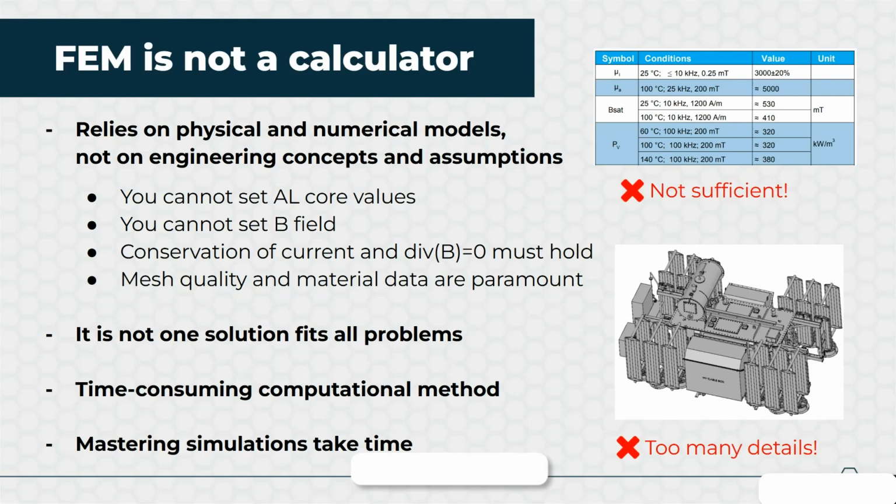So how are you going to apply this magnetic flux to be sure that the divergence is 0? It's very complicated to set it up analytically. So usually we will not set up those physical values, but instead we will excite our windings with voltages and currents. And then the software, based on numerics and physics, will do the rest for us.